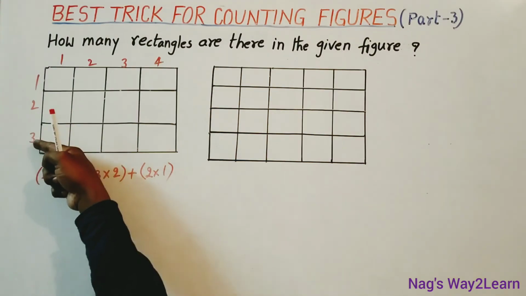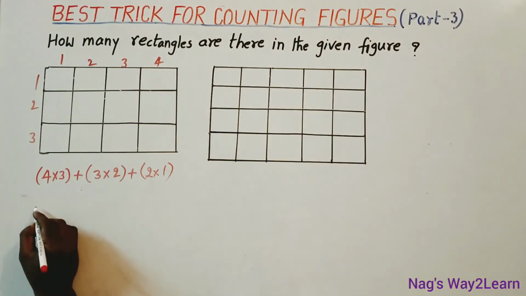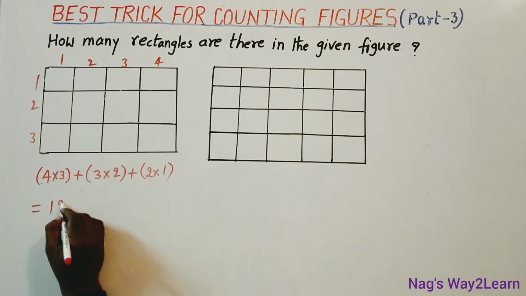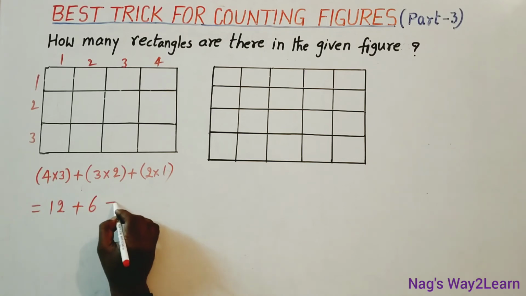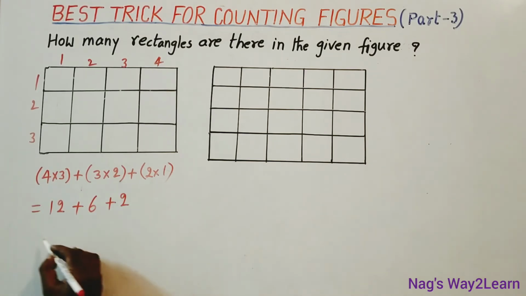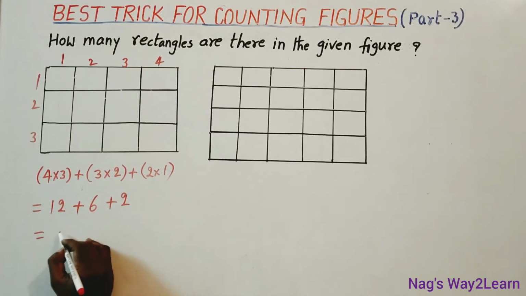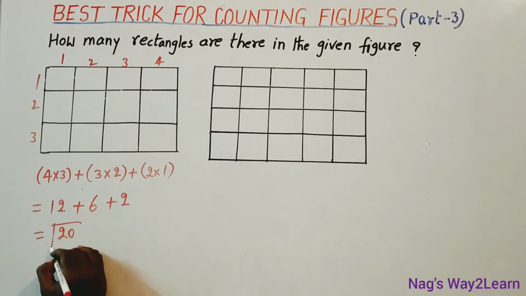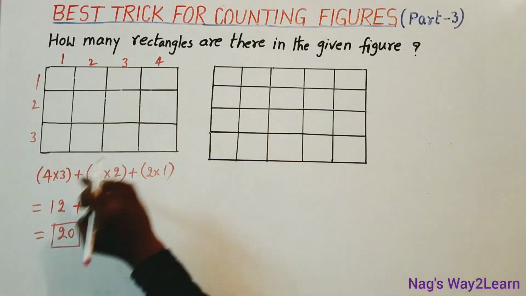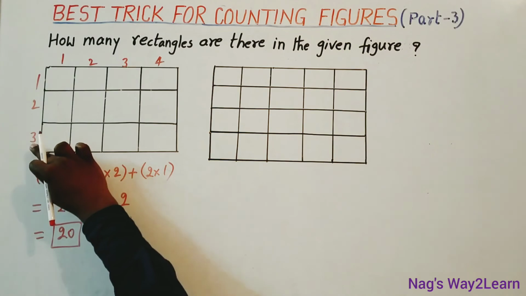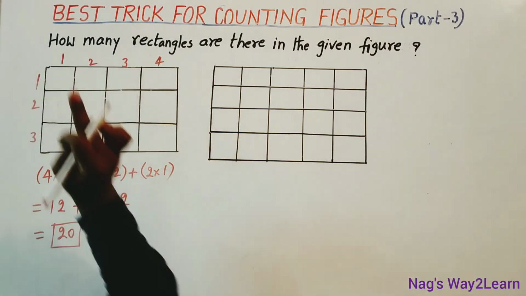So 4 3s are 12 plus 3 2s are 6 plus 2 1s are 2. So 12 plus 6, 18, 18 plus 2, 20. So totally there are 20 rectangles in this diagram. So you understand, you have to multiply 4 into 3 and 3 into 2 and 2 into 1.